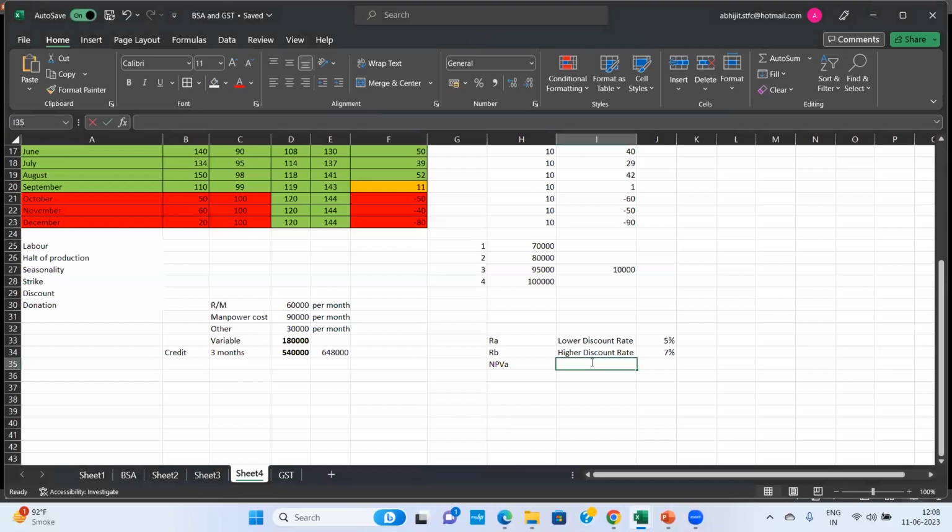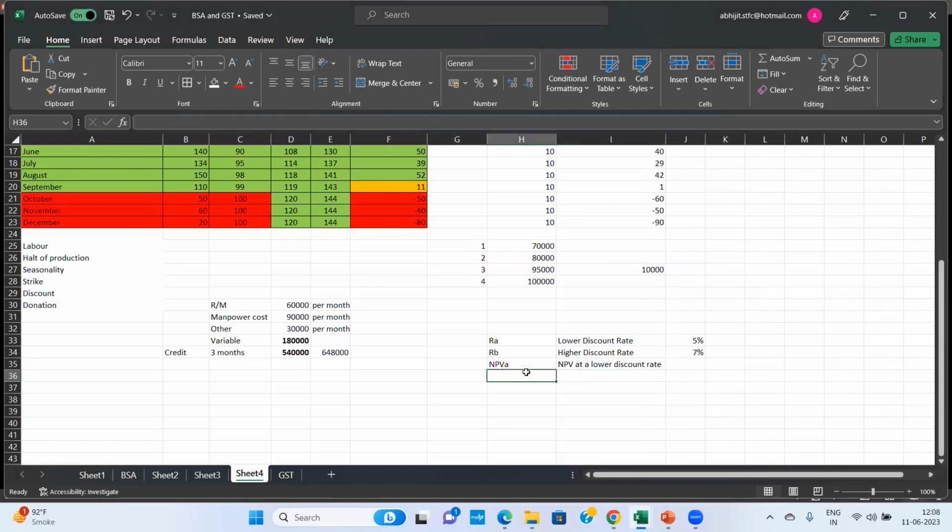Similarly, NPVB, so NPV at a higher discount rate, right? Now, knowing these cash flows, say I'm considering the 5th year also, that is 1,10,000, right?